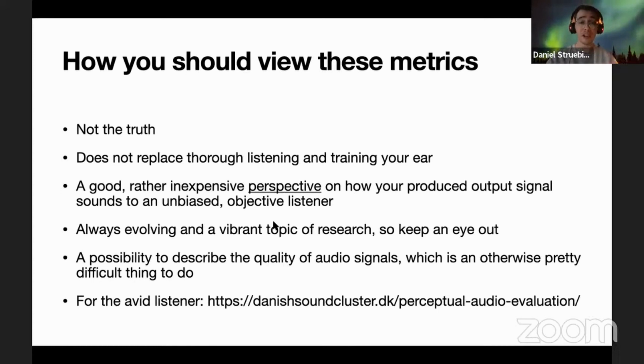These metrics are a very, very vibrant topic of research. And I would say that both the need for these metrics and the emergence of deep learning neural networks have definitely helped in this topic of research.